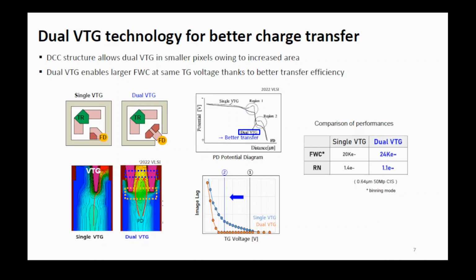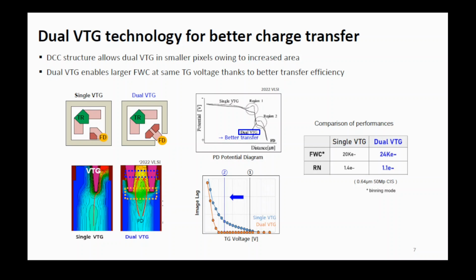So we had to resolve this problem to keep the full well capacity per area large. So we added one more VTG. It looks a little bit like a FinFET structure. So the two VTGs work together.